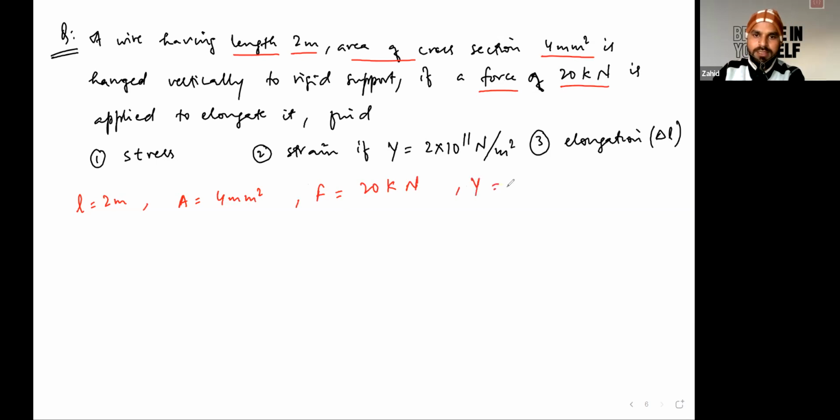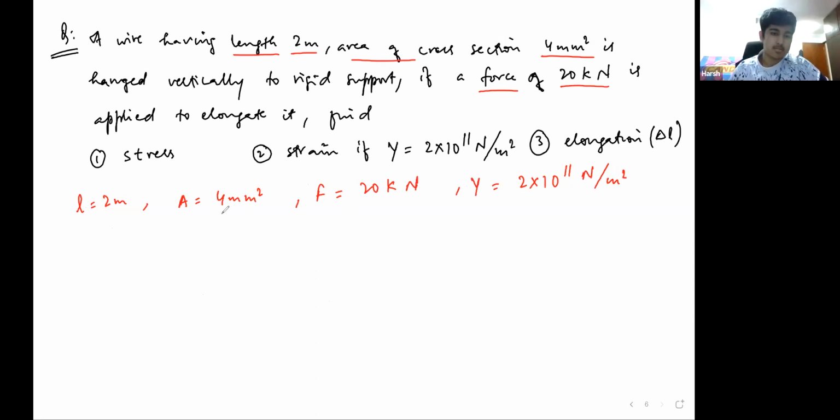And last, Young's modulus is 2 into 10 to the power 11 Newton per meter square. First, check whether all quantities are in SI unit or in some other unit. For this particular length, which is in meter, it is in SI unit. Area of cross section is in mm square, so SI unit of area will be meter square. First, you have to convert this area into meter square.